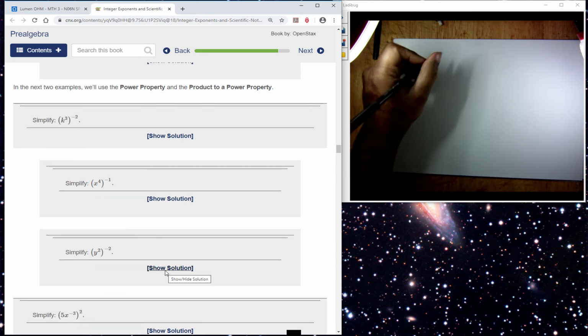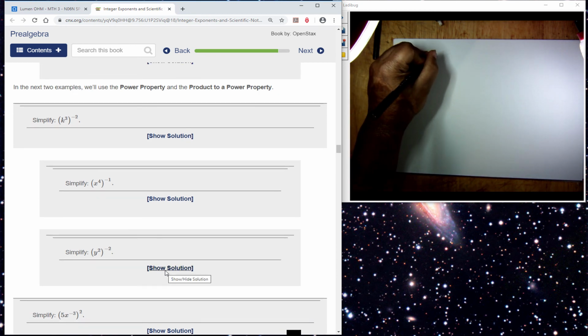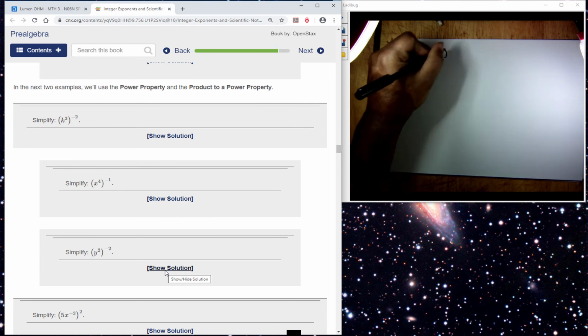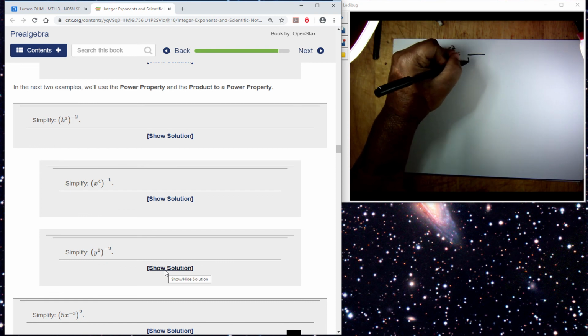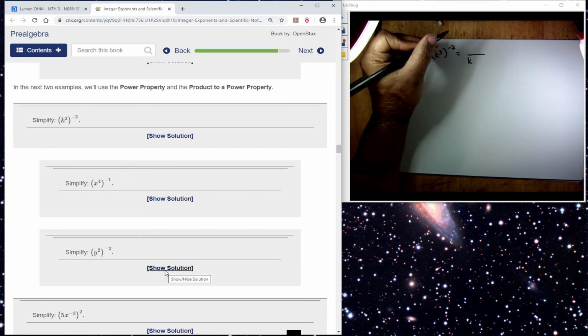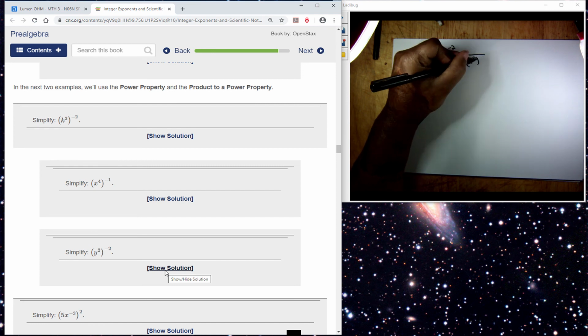This one here, we have k to the third raised to the minus 2. So rewrite that. It belongs on the bottom. We have k to the third squared.